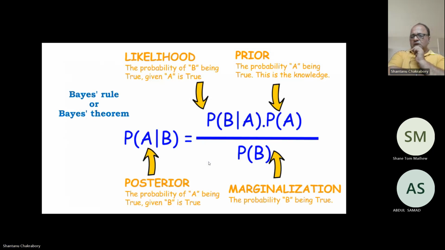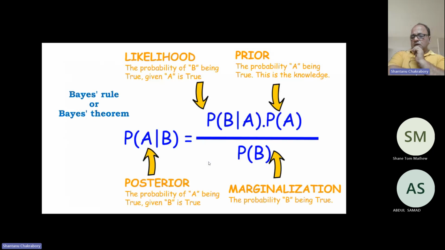So you have the posterior probability, the likelihood, the prior probability, and the marginalization. All these components are there in your Bayes theorem.